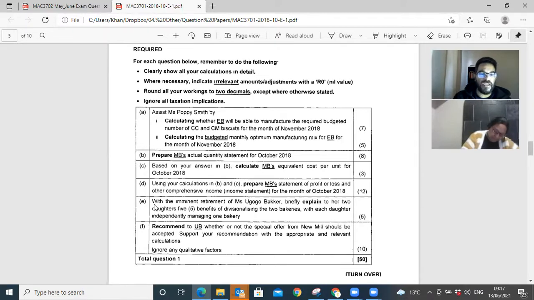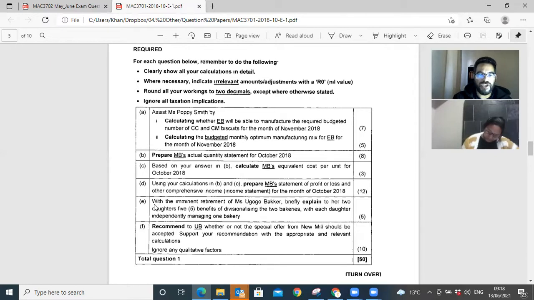Okay, so they say with the imminent retirement of Ms. Ugogo Baker, briefly explain to her 2 daughters 5 benefits of divisionalizing the 2 bakeries, with each daughter independently managing 1 bakery. Then they say, recommend to UB whether or not the special offer from Newmill should be accepted.